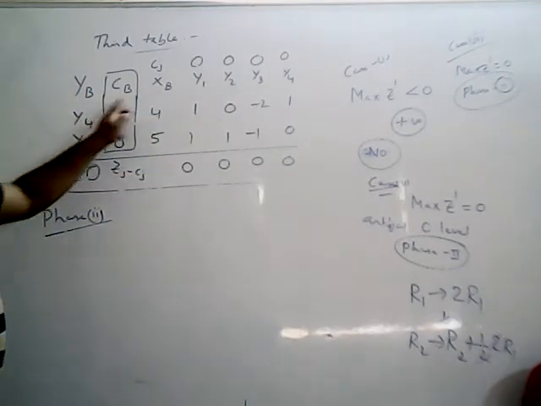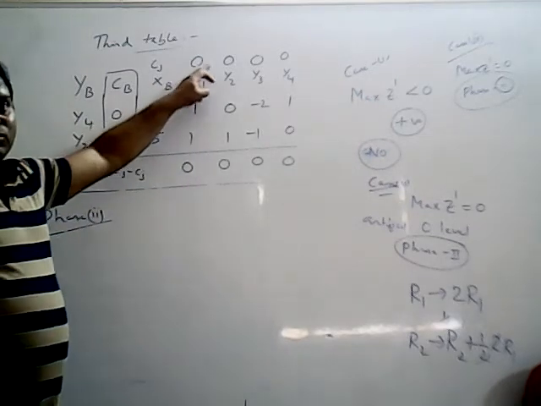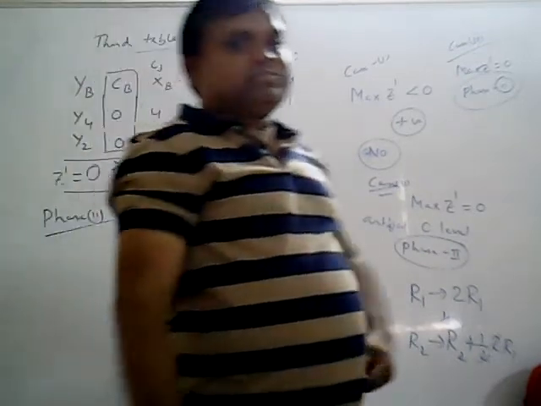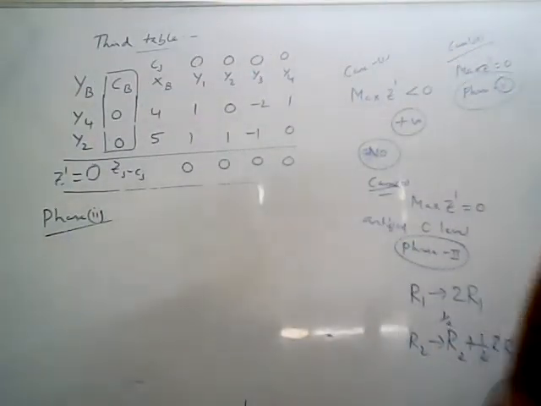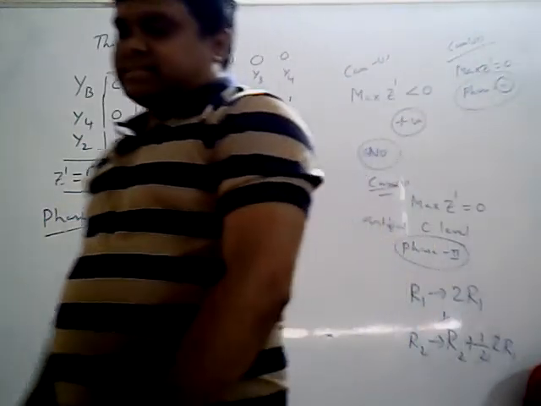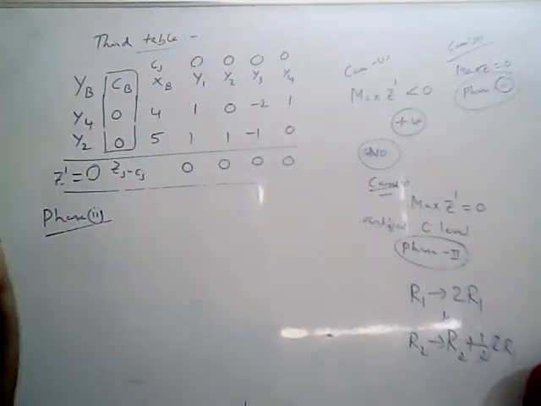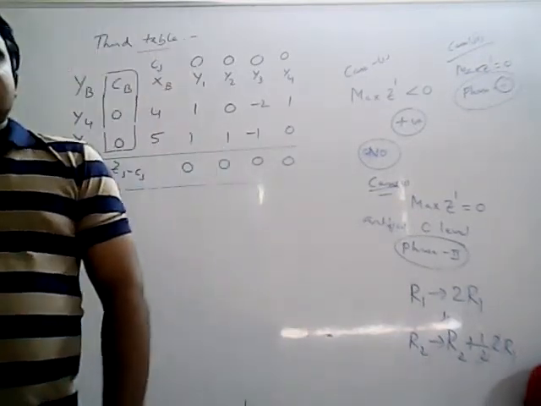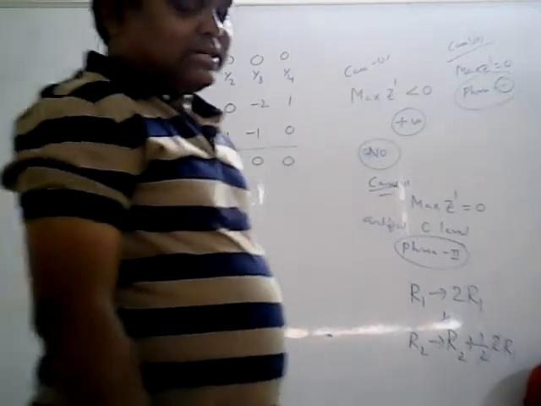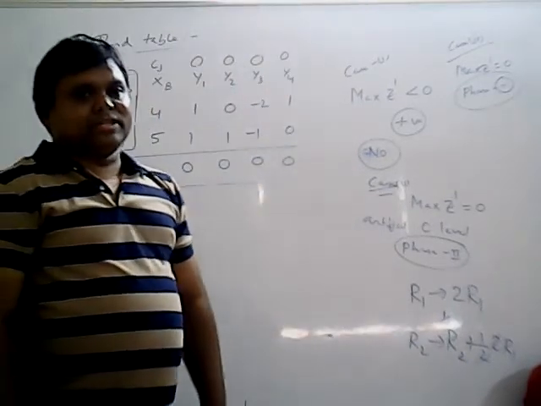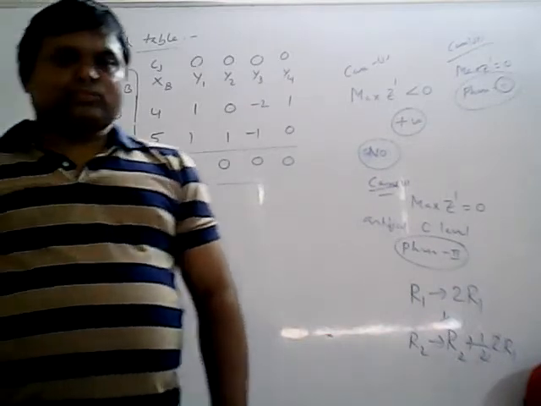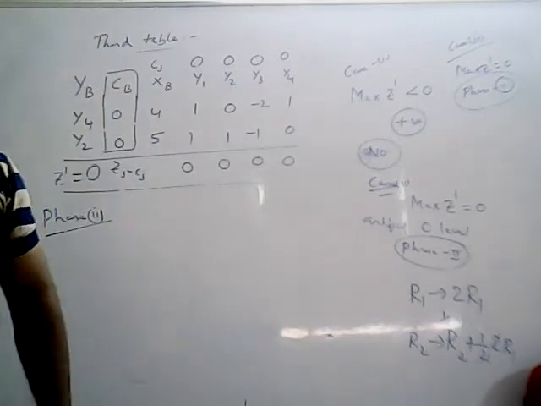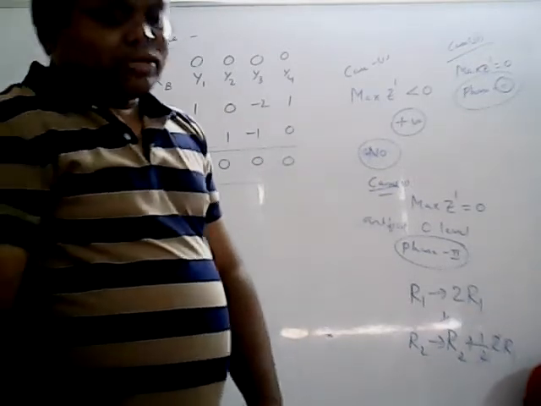You have to consider the last simplex table of phase 1 as the starting table of phase 2, then consider the original variable costs and do the simplification.